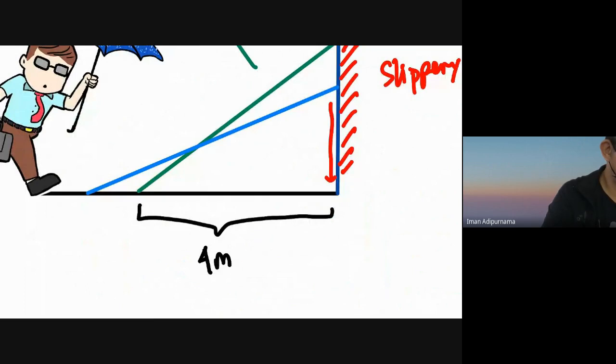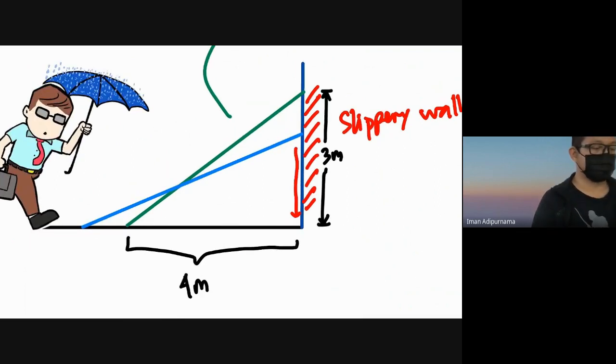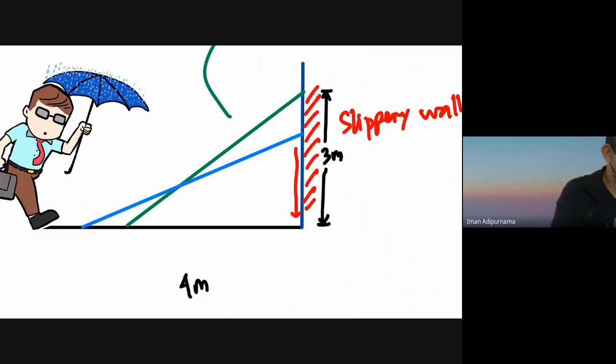So this will be 4 meters, and this will be 3 meters. Although it's not really proportional, let's say that's 3, 4, and 5. Maybe to make it more convincing, let's make it into an engineering graph like that, right?